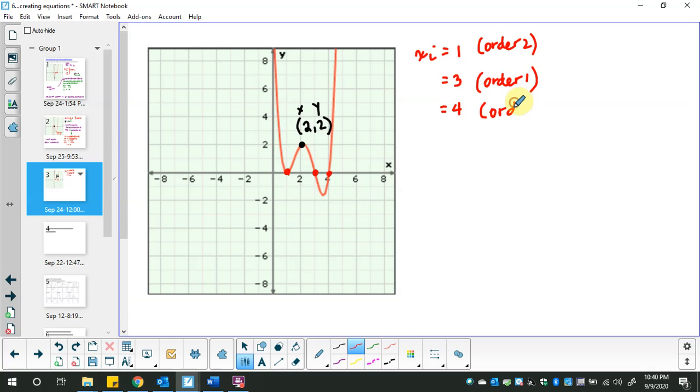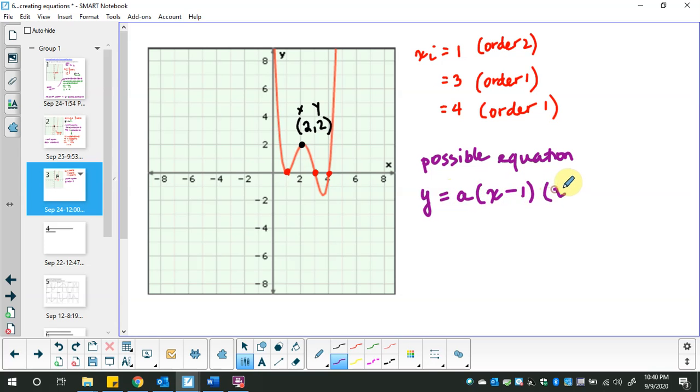This is an order 1, and 2 plus 1 plus 1 is 4, so that makes a degree 4. So we're all good. Possible equation: y equals a for kicks, x minus 1, x minus 3, x minus 4, order 1, order 1, order 2.